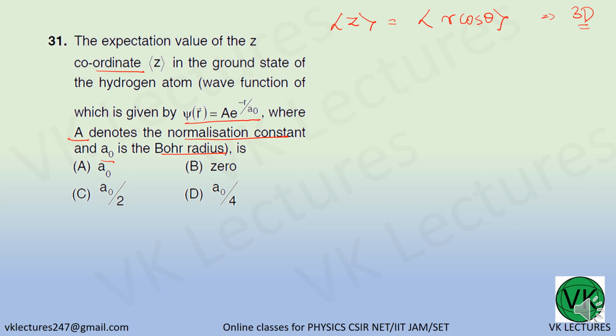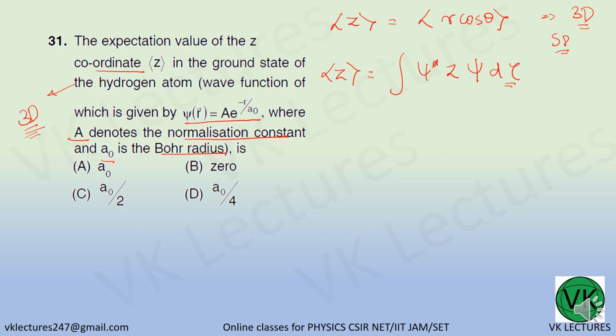Since this is a hydrogen atom problem, a three-dimensional problem, we can take spherical polar coordinates. Then expectation z is nothing but integral psi star z psi d tau. Why d tau? We have already mentioned it is a 3D problem.